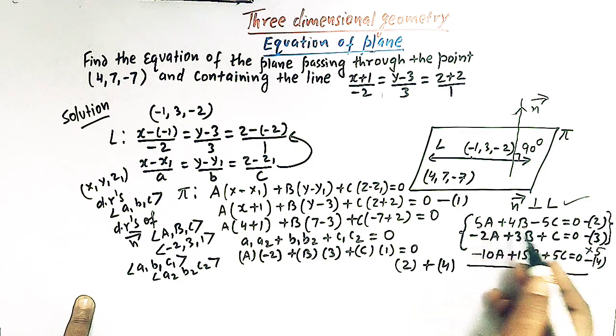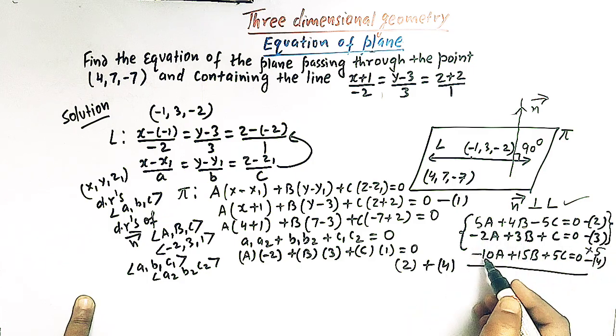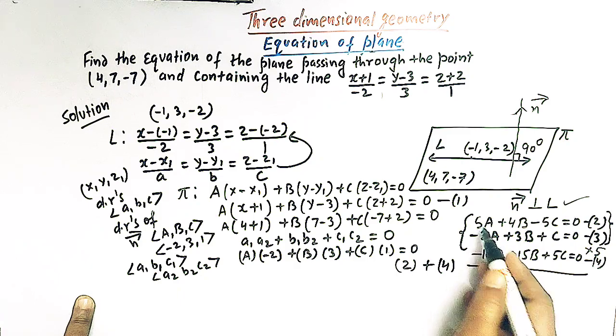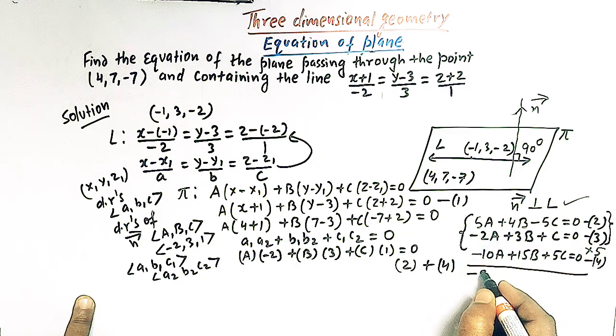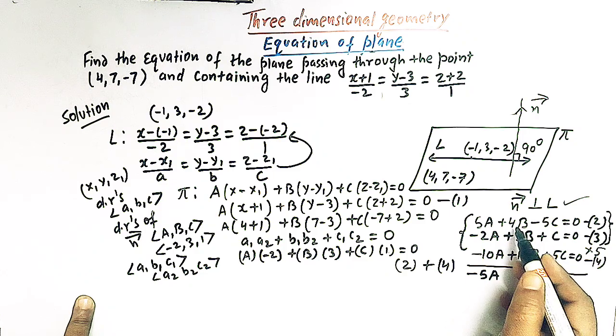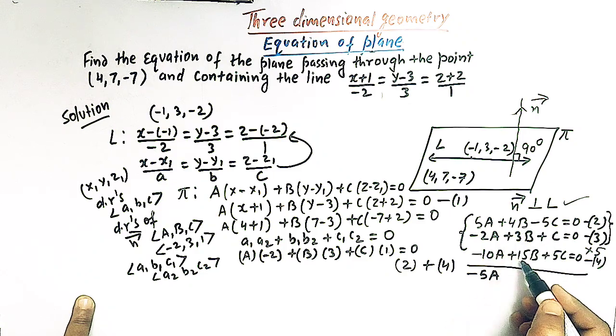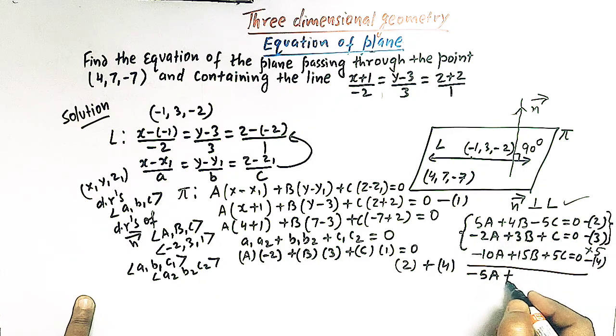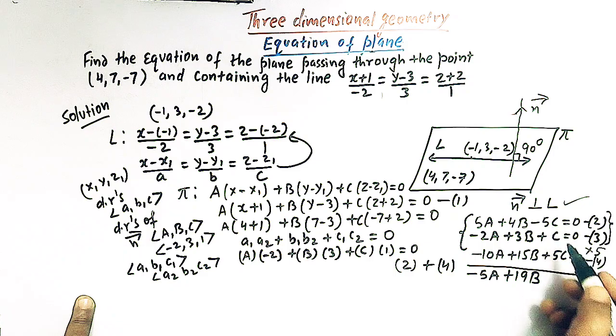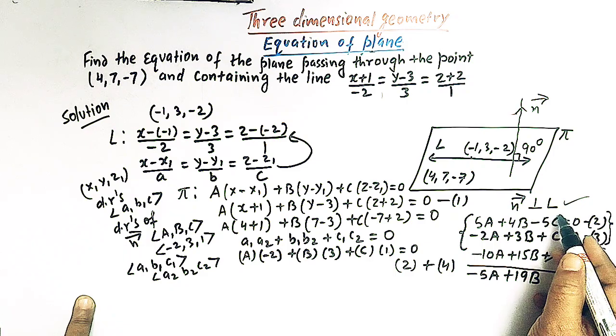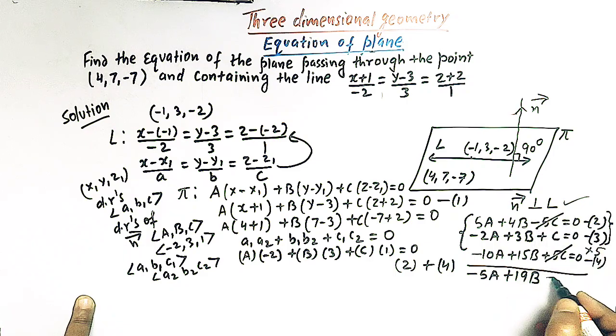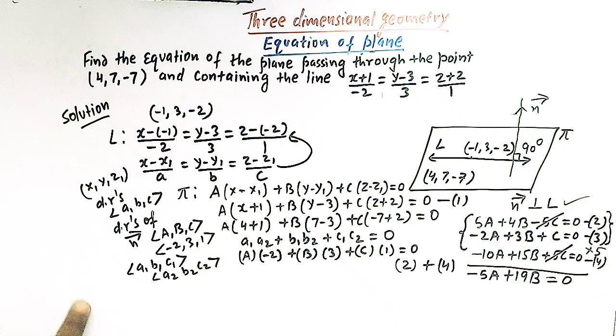So here when we add equation 2 and 4, then here we have 5a, here we have minus 10a. So 5 minus 10 is minus 5a, and here we have 4b, and here we have 15b. So 4 plus 15 is 19b, and here minus 5c and plus 5c, so these two get cancelled, and this is equal to 0.